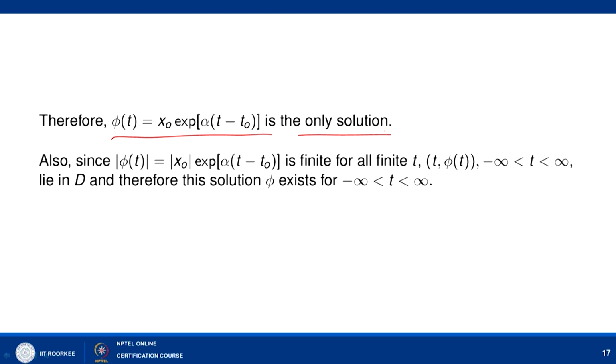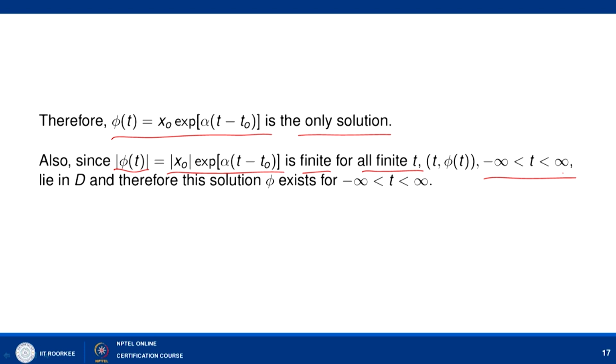Now, we can find the norm, or modulus value, of phi(t), and you can check that it is given as modulus of x naught into exponential of alpha (t minus t naught), and if you look at this, it is always finite for all finite t such that (t, phi(t)) belongs to the t-x space, and here t is lying between minus infinity and infinity.